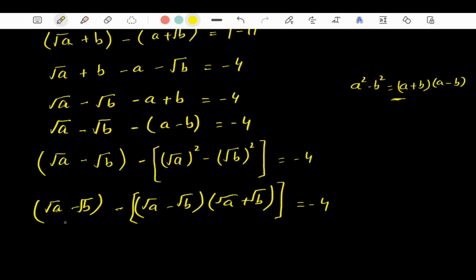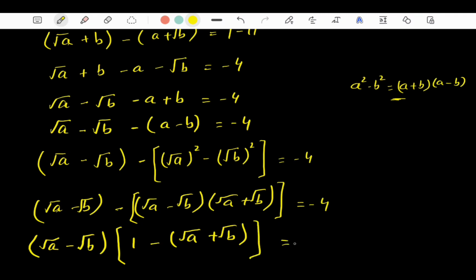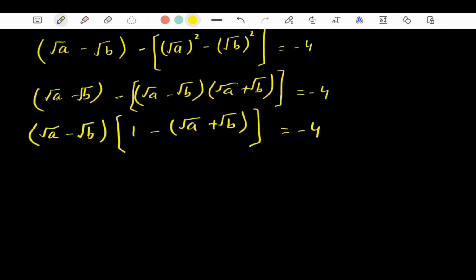We can take common square root of a minus square root of b from both terms. Here we get square root of a minus square root of b into 1 minus square root of a plus square root of b, which is equal to minus 4.